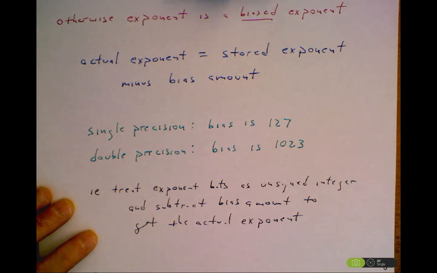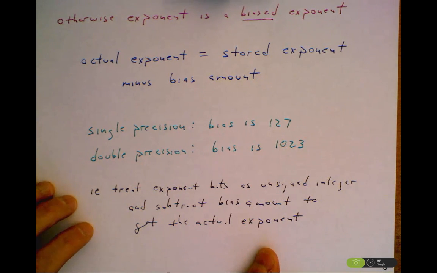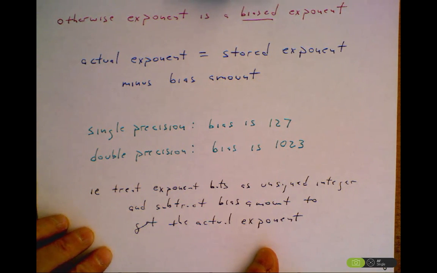Okay, so once we know the exponent is not all 0s and not all 1s, then we just treat those 8 bits in single precision or 11 bits in double precision as an unsigned int, and we subtract off a constant, either 127 or 1023, depending on whether it's single precision or double precision. That's how we decode the exponent.